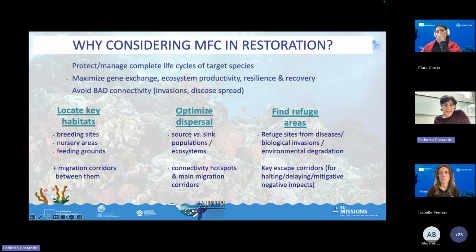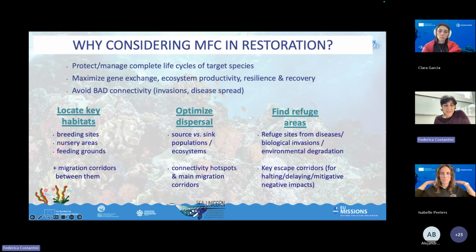There are three aspects that we can consider in restoration that are connected to the study of marine functional connectivity. In fact, understanding marine functional connectivity can allow us to locate key habitats, such as breeding sites, nursery areas, and feeding grounds, and to evaluate migration corridors between them.